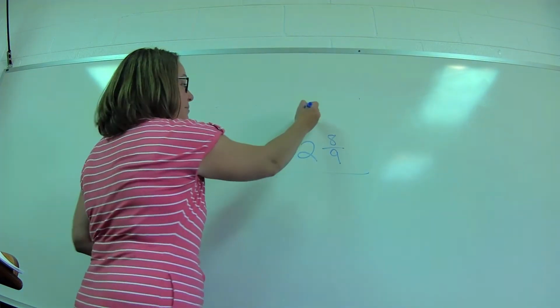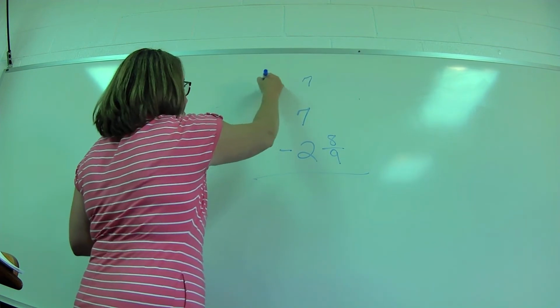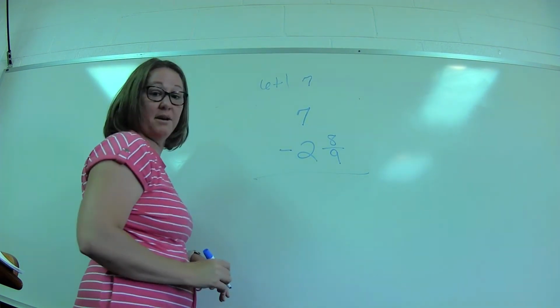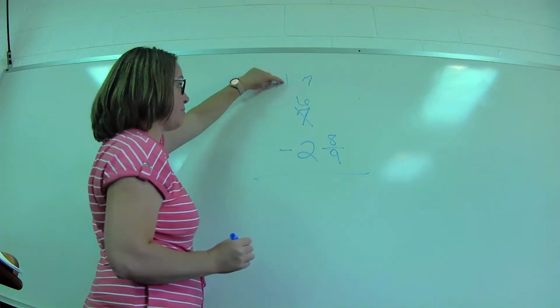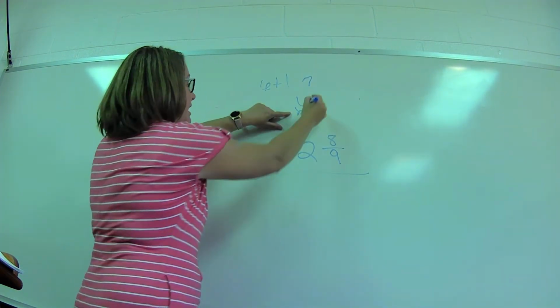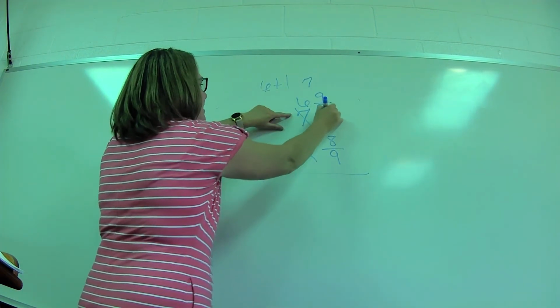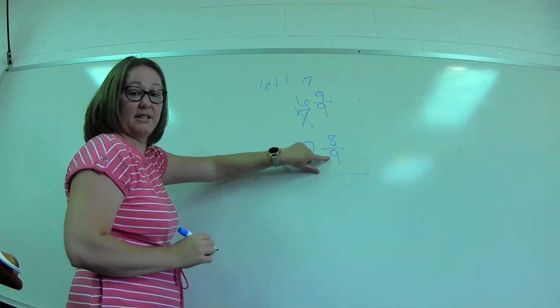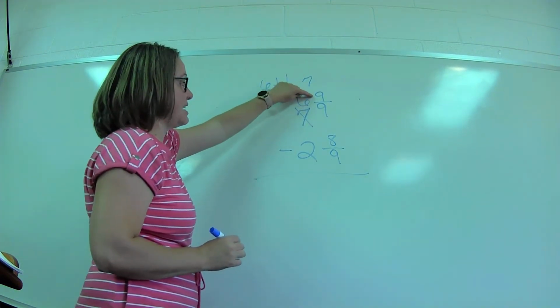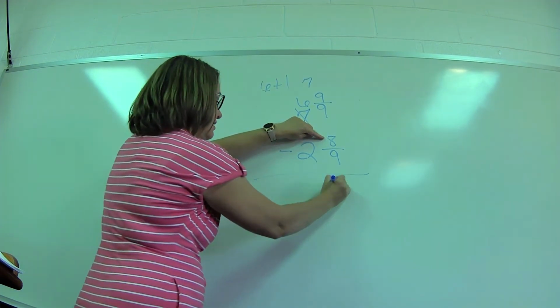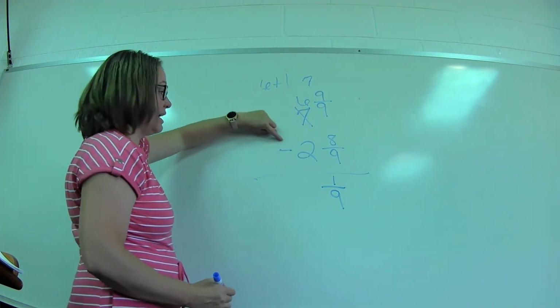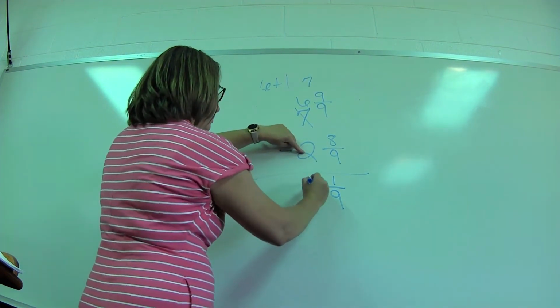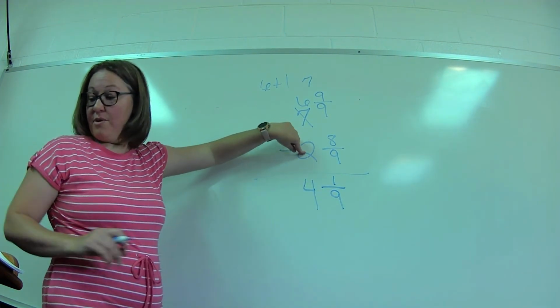So we're going to make something equivalent to 7, which is 6 plus 1. So 6, there's my 6, my plus 1 would be 9/9. We're using 9, that's their denominator. Now you have 9/9 minus 8/9 gives you 1/9. Now you have 6 minus 2, which is 4 and 1/9.